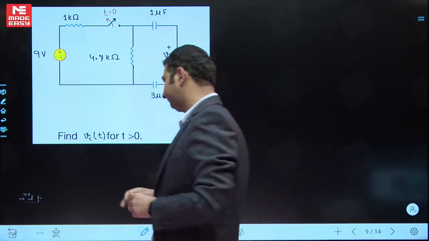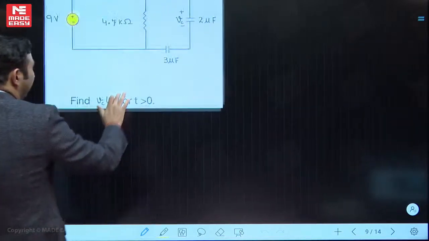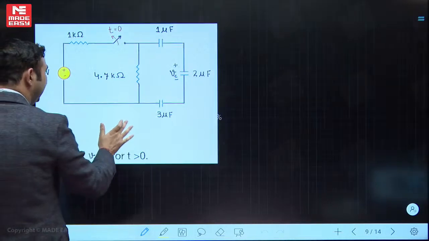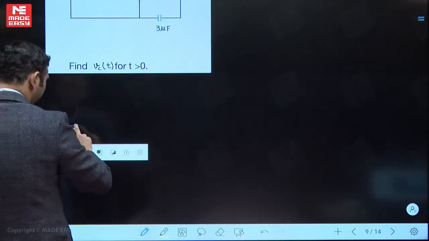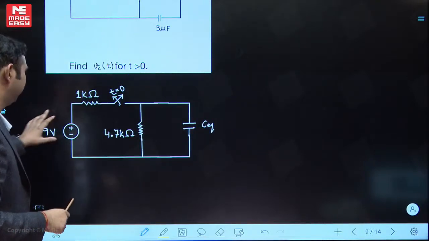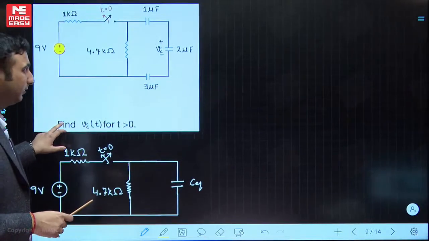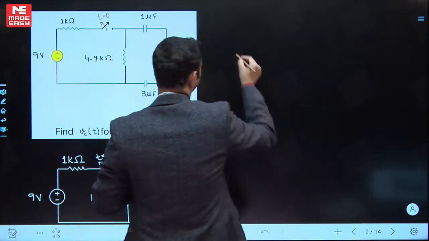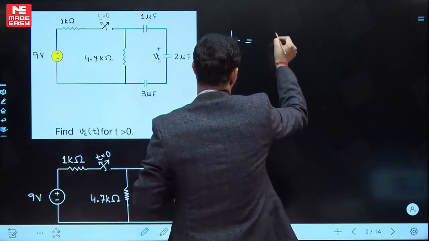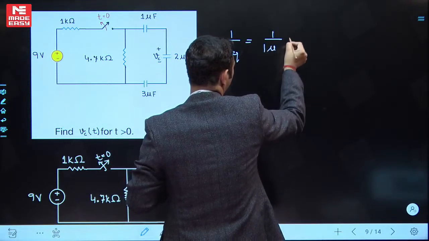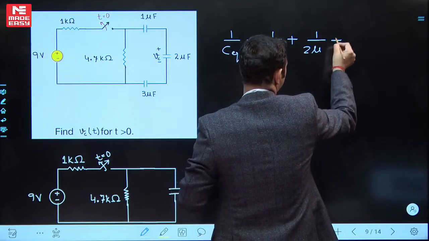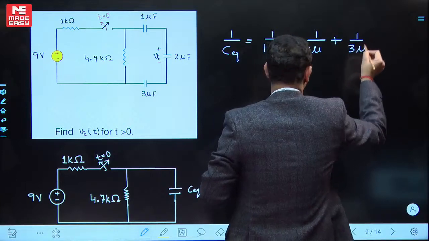Okay, so what I'm going to do, I'm going to replace it by a single capacitor, that is C equivalent. This is what we have. What will be C equivalent? Series: 1 by C equivalent will be equal to 1 by 1 micro plus 1 by 2 micro plus 1 by 3 micro.